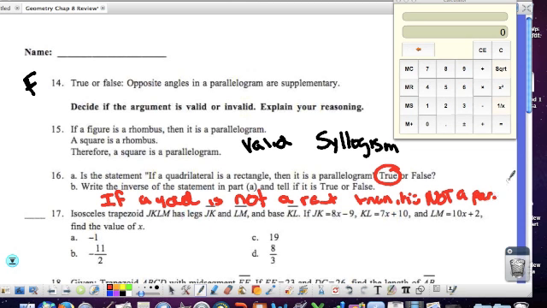So if it's not a rectangle, then it's not a parallelogram. That's false, because a quadrilateral could be a parallelogram that's not a rectangle. A quadrilateral could be a rhombus and not a rectangle, but it is still a parallelogram.